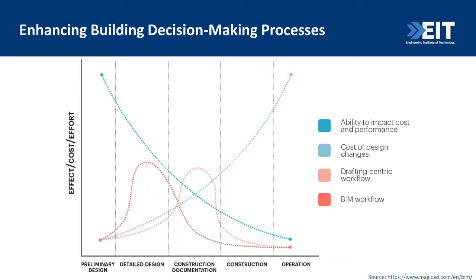So as illustrated by the red curve, the red line in this graph, by dynamically connecting design, analysis, and documentation in a BIM workflow, the majority of the effort in a design project is shifted back into the detailed design phase, where the ability to influence project performance is high and the cost of making design changes is low.